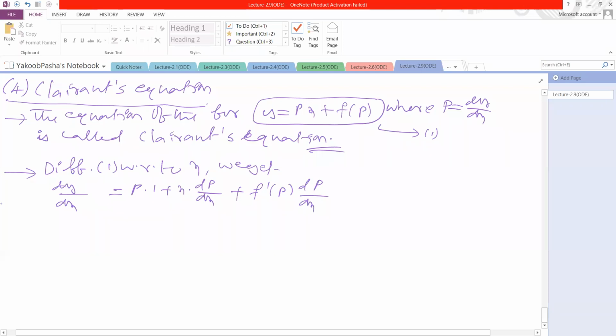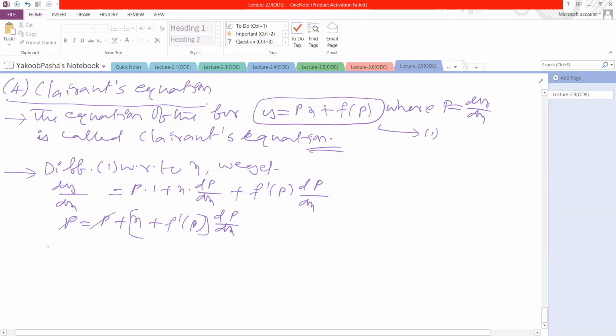Here dy by dx is nothing but p, so p equals p plus x plus f dash of p into dp by dx, taking dp by dx common. Here p will be cancelled.